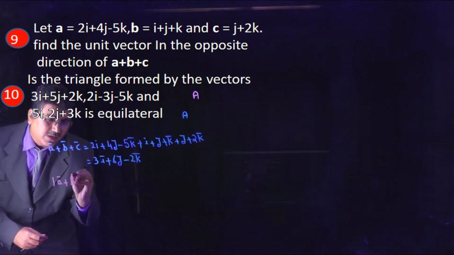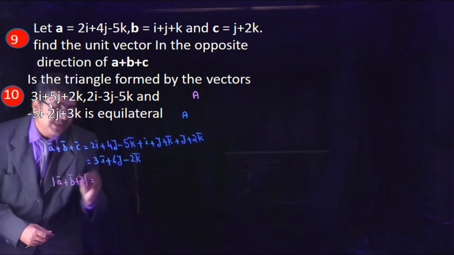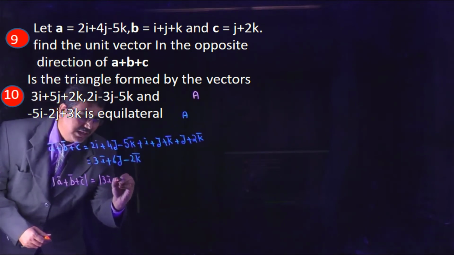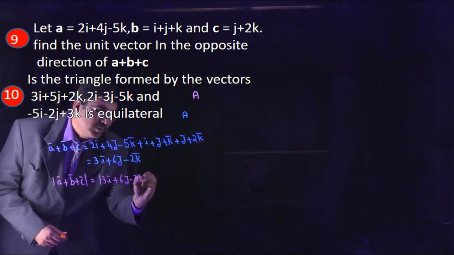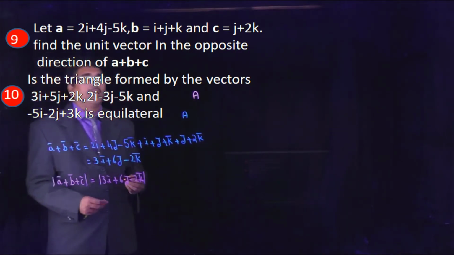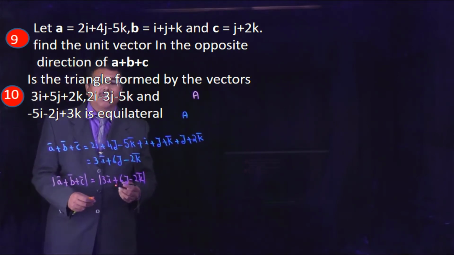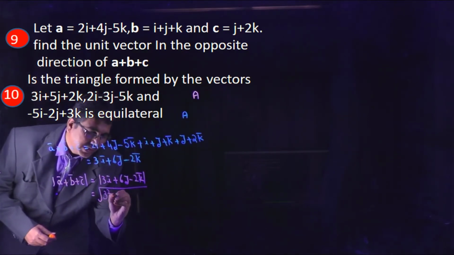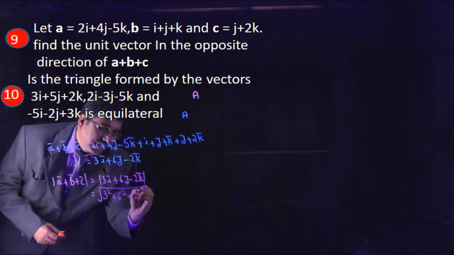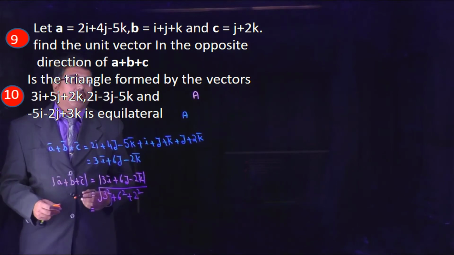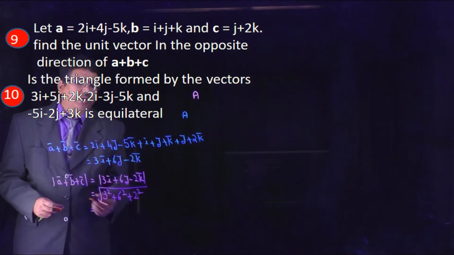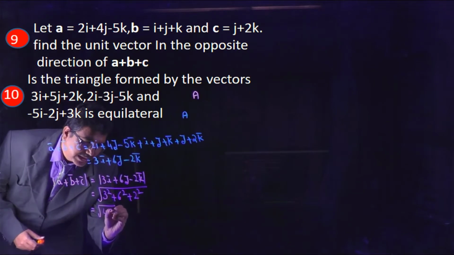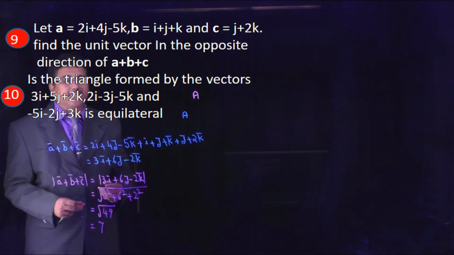Modulus of a bar plus b bar plus c bar is equal to modulus of 3i bar plus 6j bar minus 2k bar, that is equal to square root of 3 square plus 6 square plus 2 square, that is square root of 9 plus 36 plus 4, 49. Root 49 is equal to 7.